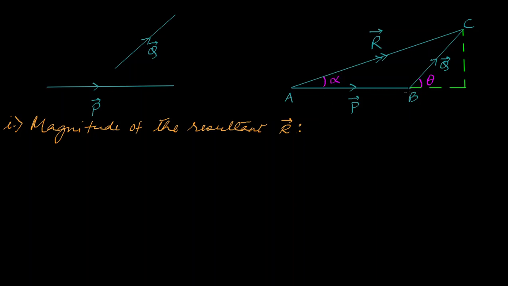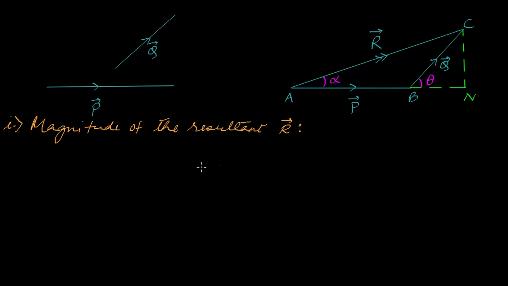The angle theta: if I extend this vector p, it will go along this direction. Let me call this point N. So this angle theta is the angle between this line and that line, which is the angle between the vector q bar and the vector p bar. Remember that. And alpha is the angle that the resultant makes with the first vector p bar.